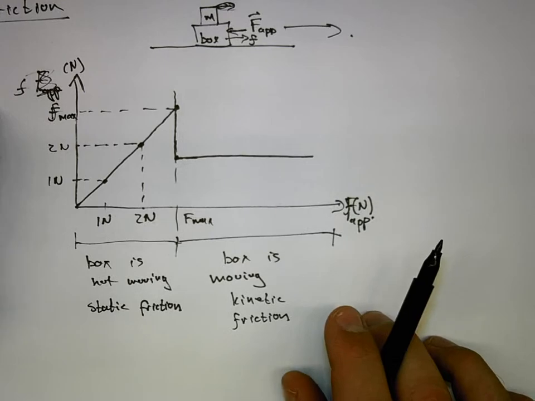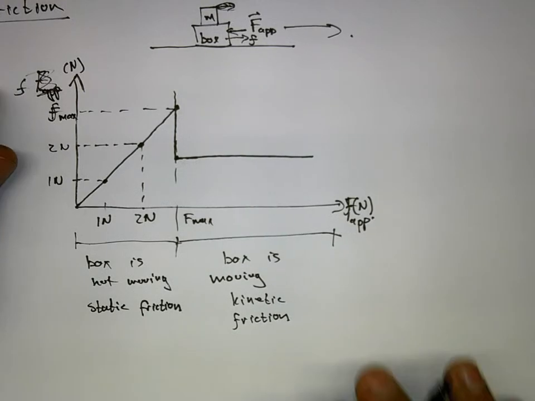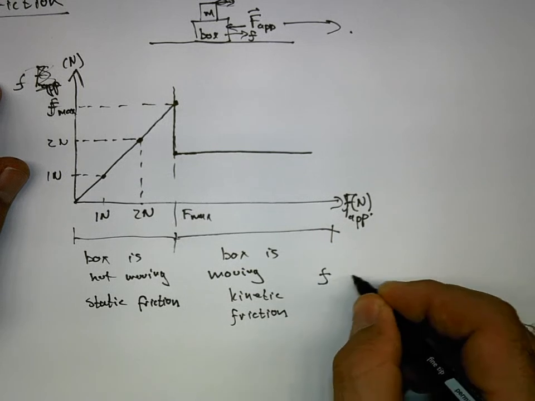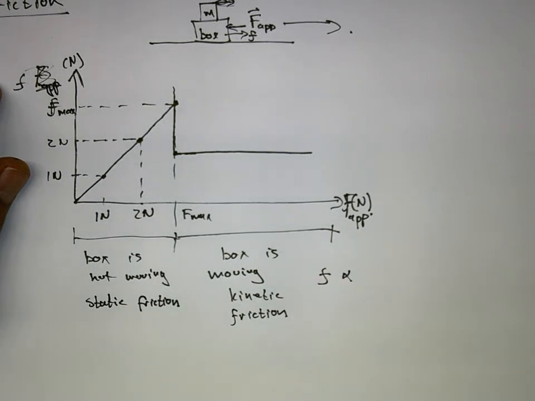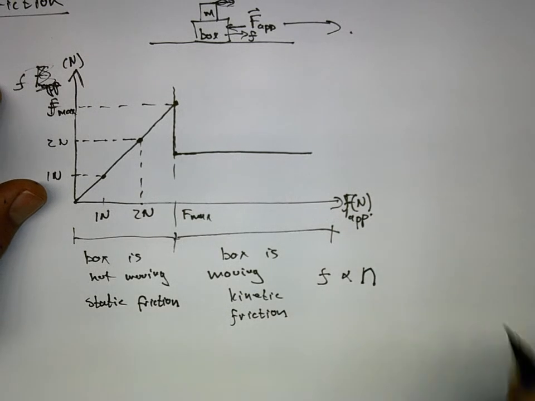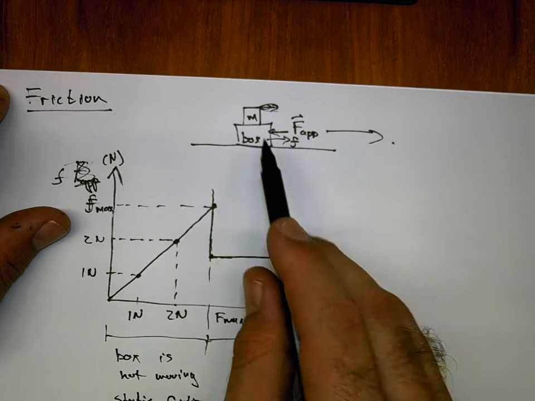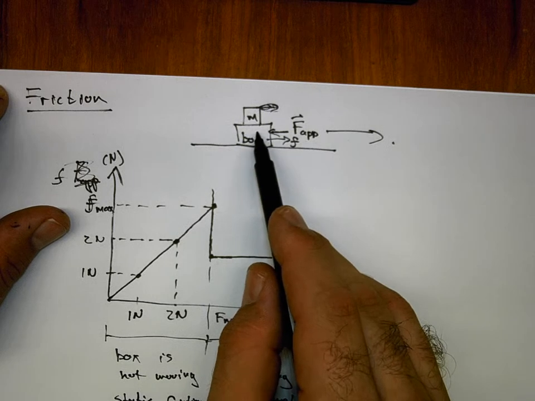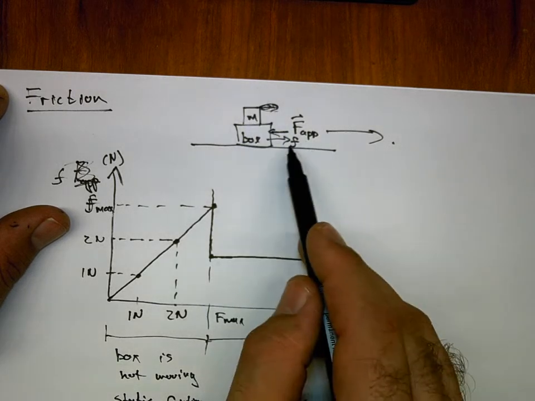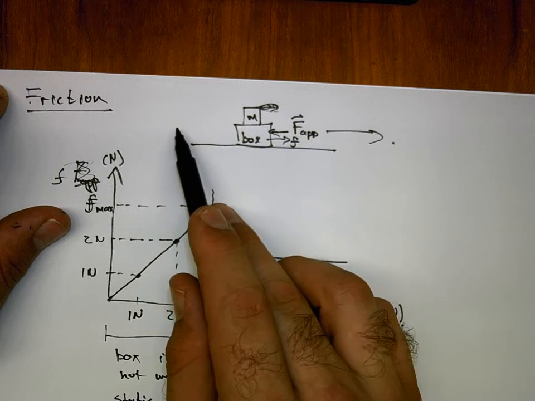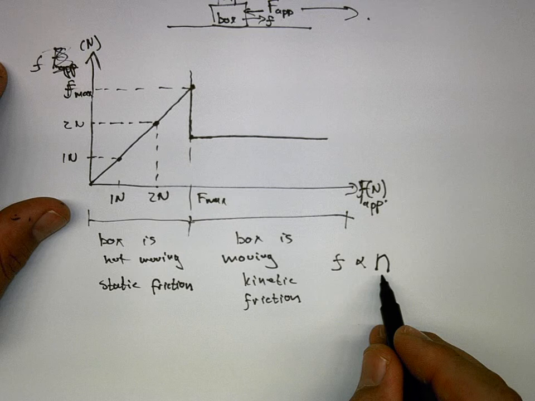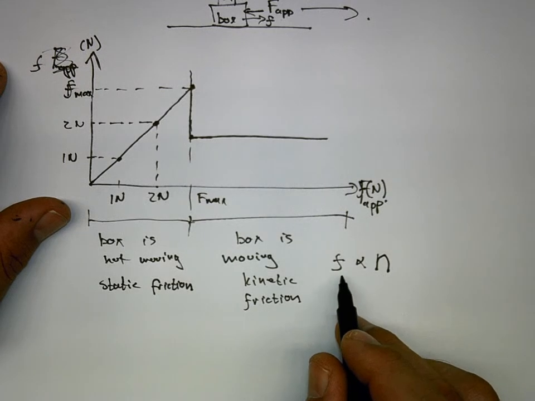So to a very rough estimate, to first order, we can say this force of friction has to be proportional to the normal force. Because if I put another mass on top of this box, the normal force from the surface has to be larger, and I find it's more difficult to push the box in a certain direction, which means the force of friction had to be larger. So if I increase the normal force, I generally increase the friction.